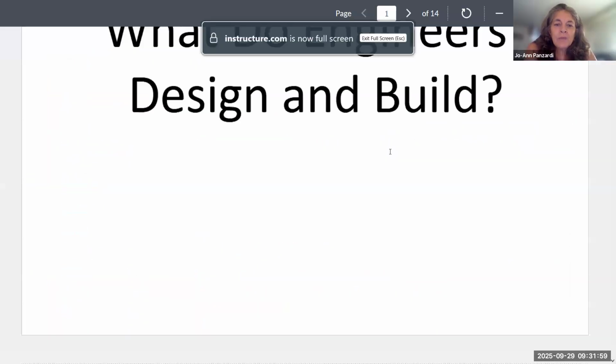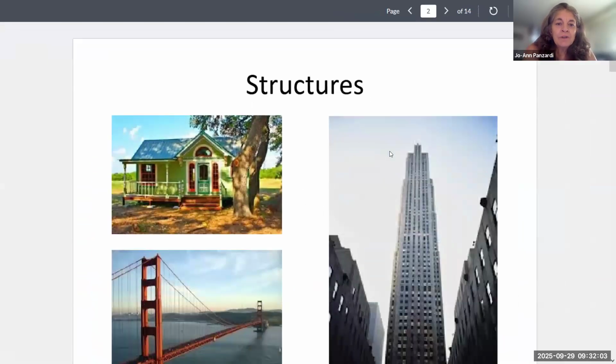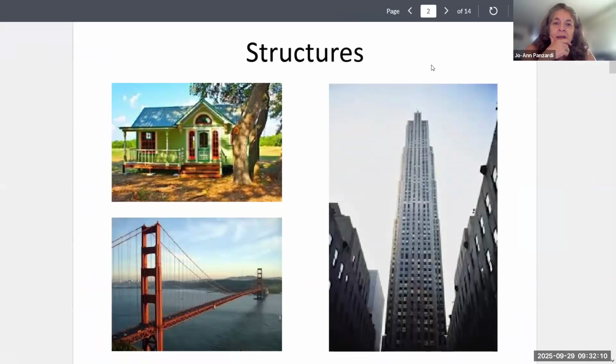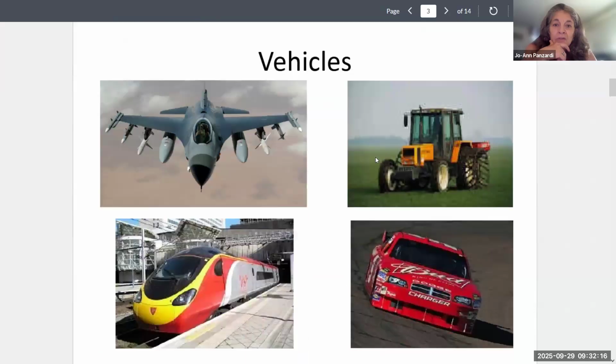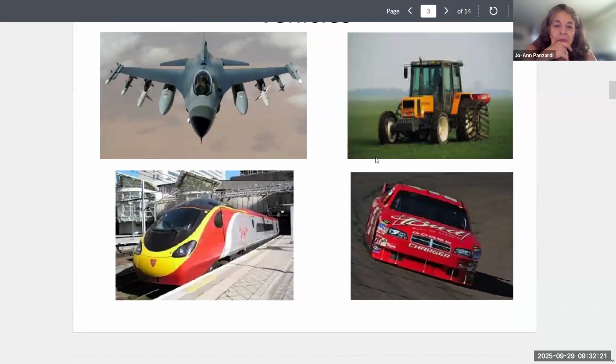A lot of times when I'm helping engineering students figure out which field of engineering they want to go into, I think about the different products that you might want to design as engineers. So structures, something that you're really interested in designing. Vehicles, are we really enamored with vehicles?